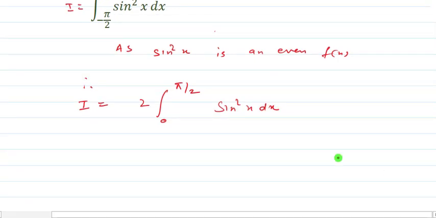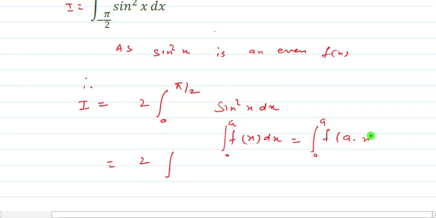Now as I told you, if required we'll use the property of 0 to a again. So here let me use the property. Let me write the property first. The integral of f(x) dx, limit from 0 to a, can be written as the integral from 0 to a of f(a minus x) dx.